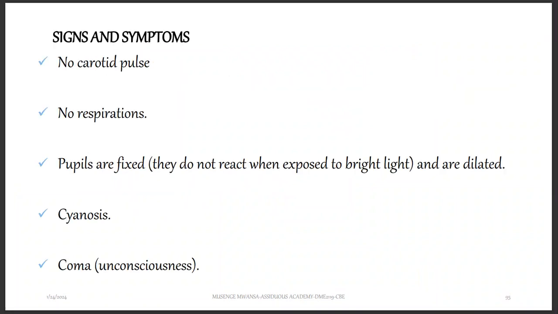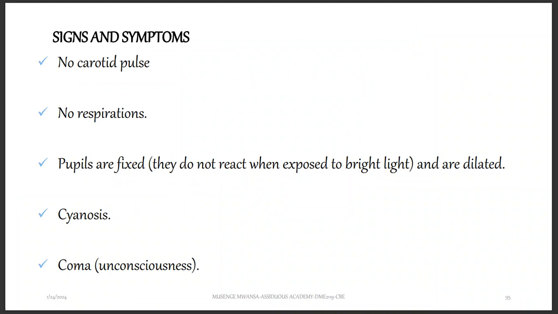What are some of the signs and symptoms that you see for someone that is in a cardiac arrest? So there's not going to be any carotid pulse. Remember, the heart is not beating. There's no respiration. The pupil is also fixed, meaning that even if you expose it to light, normally the pupil is supposed to react, but then the pupil will not be able to react.